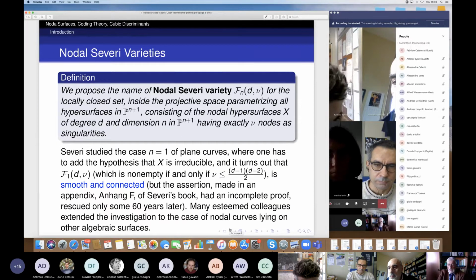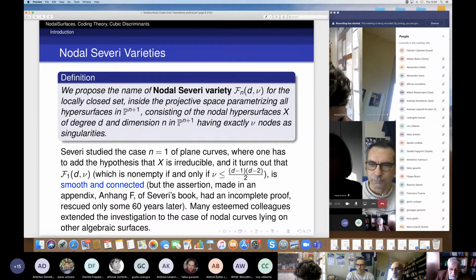Why the name Severi? Severi started with the case n equal 1 of plane curves. In this case, one has to add the hypothesis that X is irreducible, which means that the polynomial is prime.